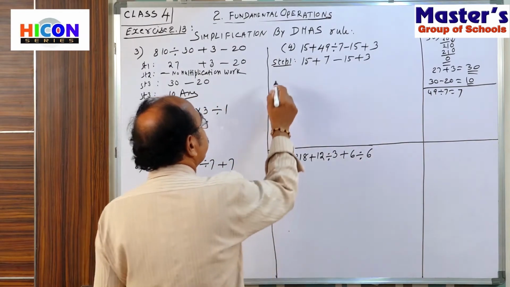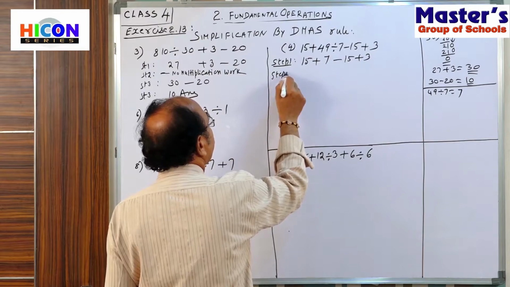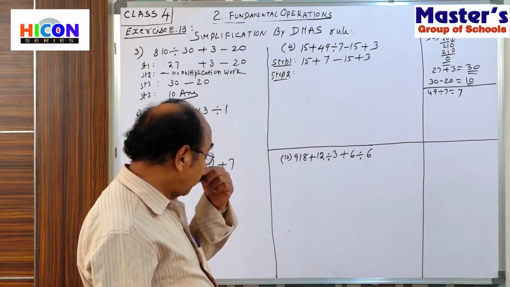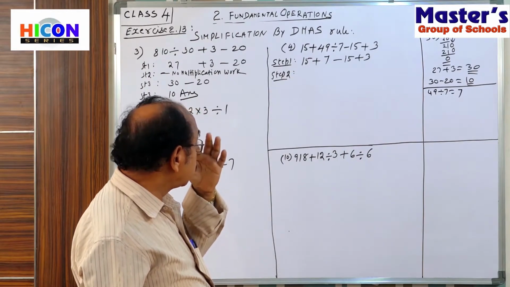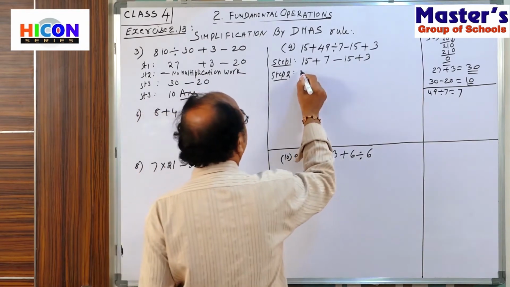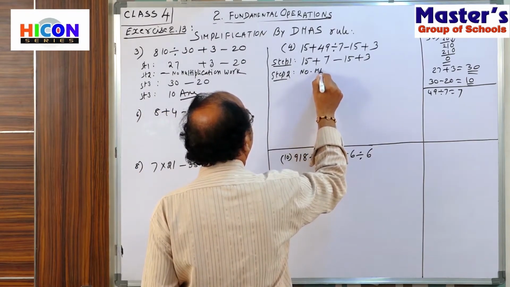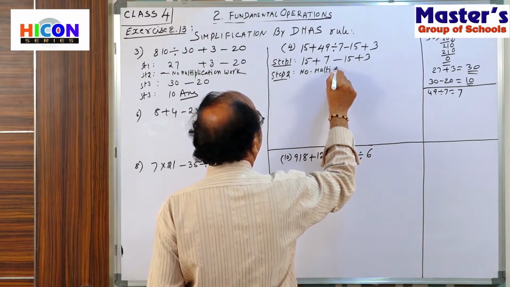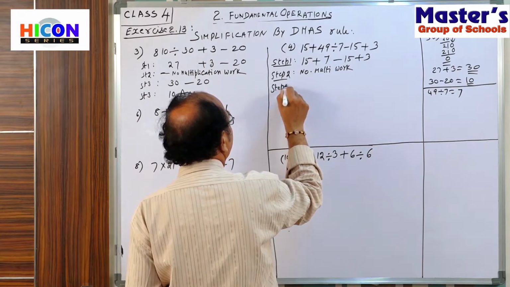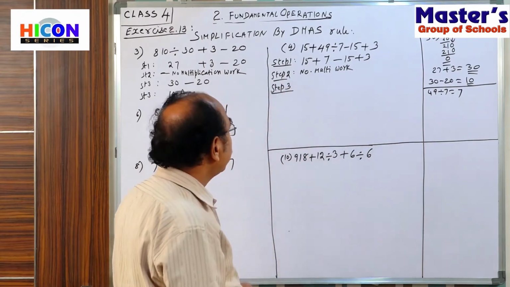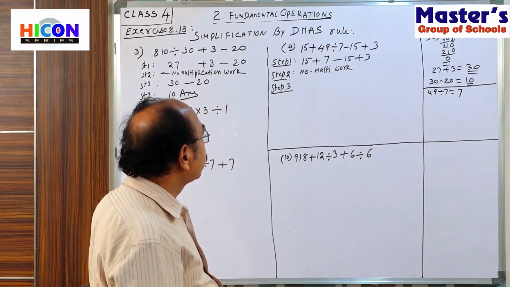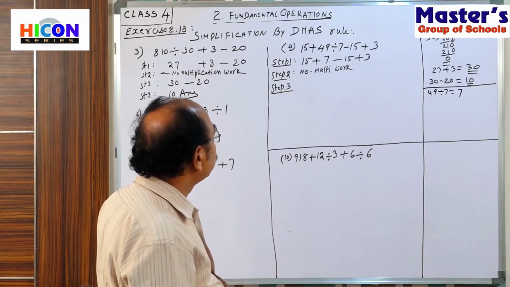Division done. Next, step 2: go for multiplication. Is there any multiplication in the problem? No multiplication. Step 3, addition. Addition work is there.